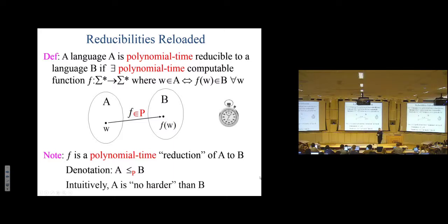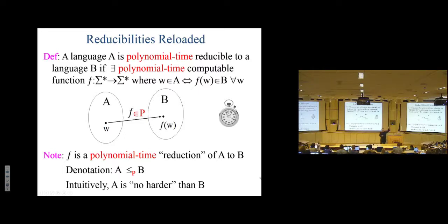F preserves membership. So just like before, when we talked about decidability, if f was decidable and B was decidable, A is decidable too. How? Transform it to B, solve it in B, and you know the answer to A. So you're deciding A via the proxy B, the algorithm for B, and of course the transformation that takes you there. Now, the same thing is true not just about decidability, but also efficient decidability.